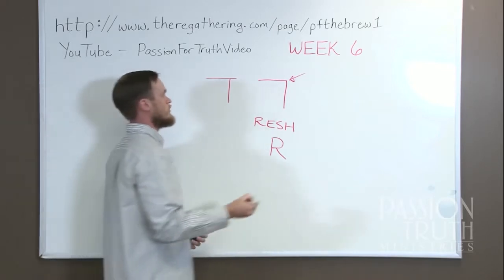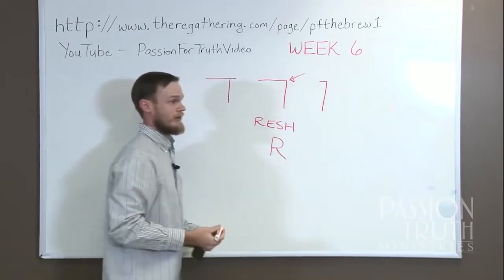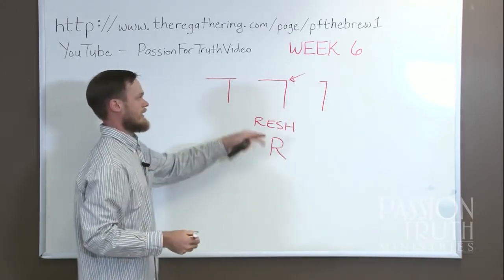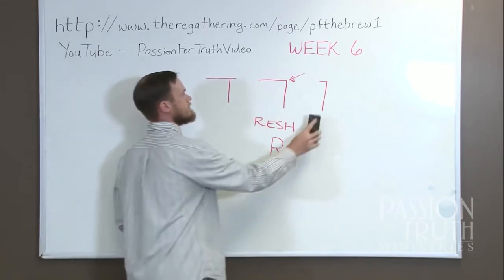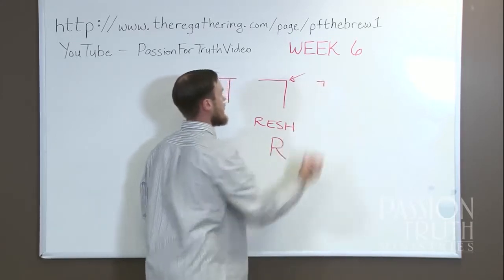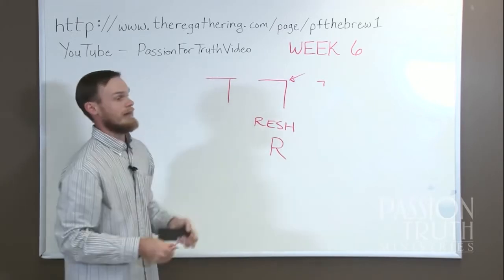You won't really confuse it with, say, a vav. The top is much shorter on a vav, so that won't really be a problem. And of course, a kaf or anything like that has something on the bottom, so no problems there. And a yod is much, much smaller than a resh, although it has exactly the same shape. But you will confuse it with the dalet, I guarantee it.